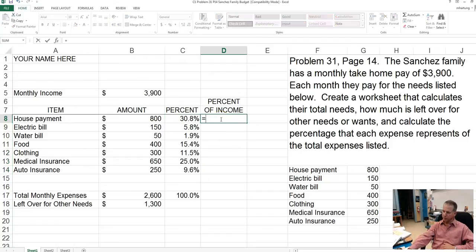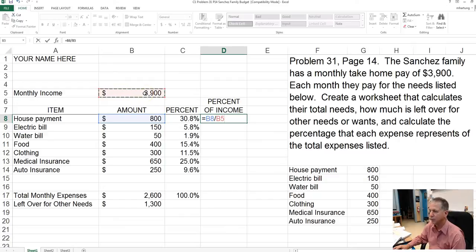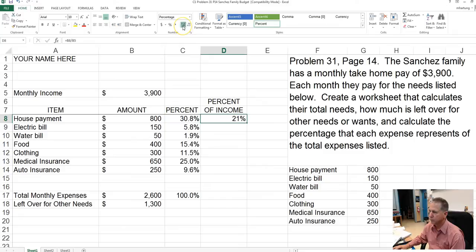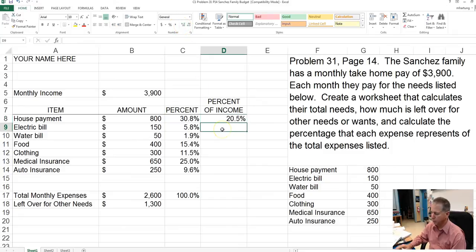So this time then we're still going to create the equal sign. Take the amount and divide that, but this time divide it by monthly income. .205, it's actually 20.5%. We'll go ahead and convert that to a percentage. And once again, I'm going to have you keep doing it like this so you get that practice.